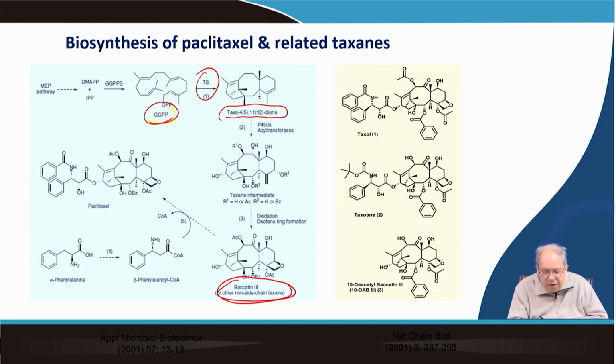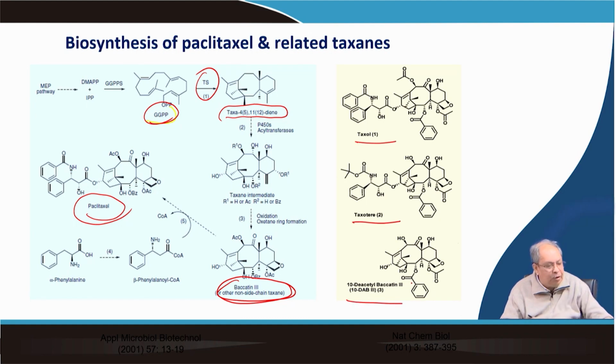So, baccatin is an important precursor and from baccatin, paclitaxel is formed by the joining of the side chain from phenylalanine; the phenylalanine CoA will be formed and it joins and ultimately makes the paclitaxel. And from baccatin, diacetyl baccatin is formed and that is used as the source for semisynthetic production of different derivatives of taxol. So, this is taxol, this is taxotere, this is diacetyl baccatin.